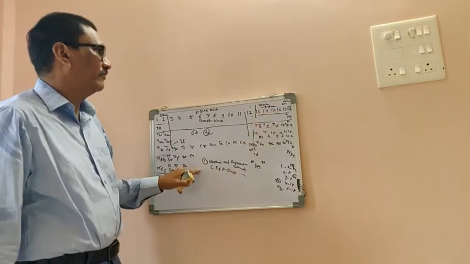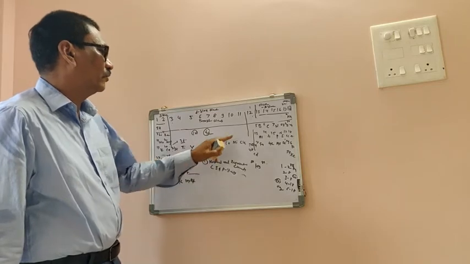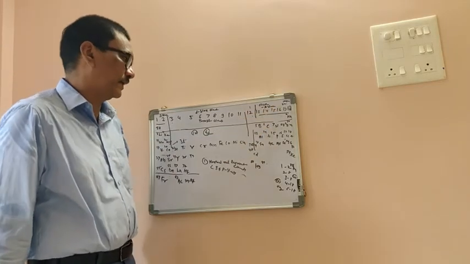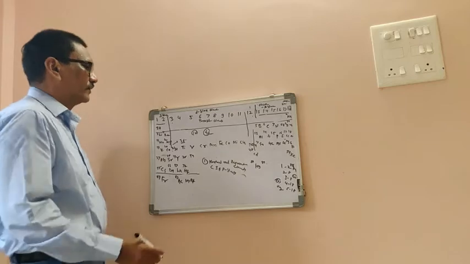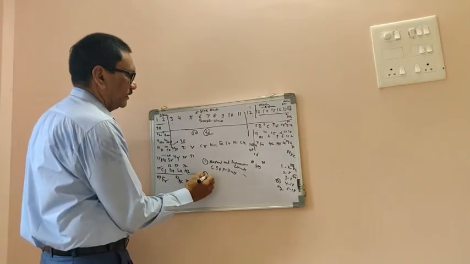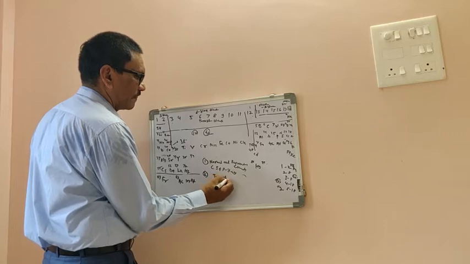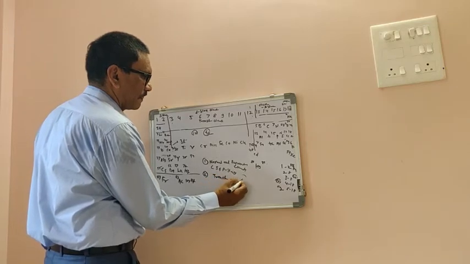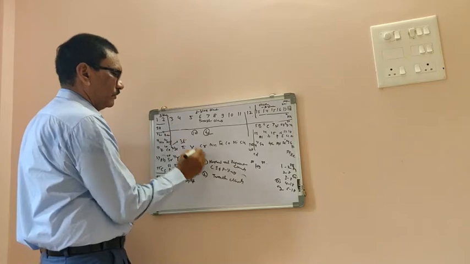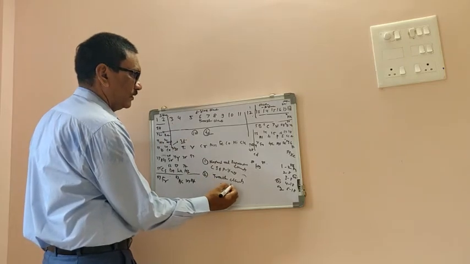The noble gases also come in the P block category. Then the second category is the transition elements, which have group number 3 to group number 12.